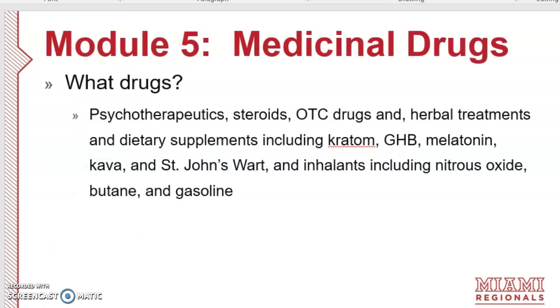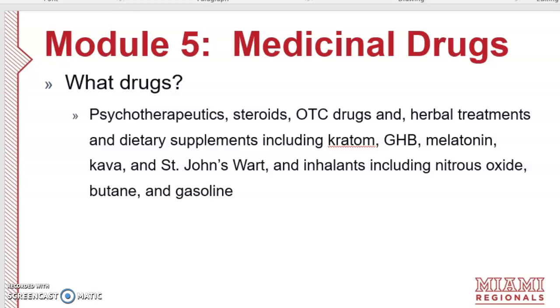In this Module 5, we're talking about medicinal drugs, right? So exactly what drugs? Well, in this module, we'll talk about psychotherapeutics. Specifically, we're talking about drugs that are used to treat mental illness. These include antidepressants, antipsychotics, anti-anxiety medicines, and mood stabilizers, or drugs that are used to treat bipolar disorder.